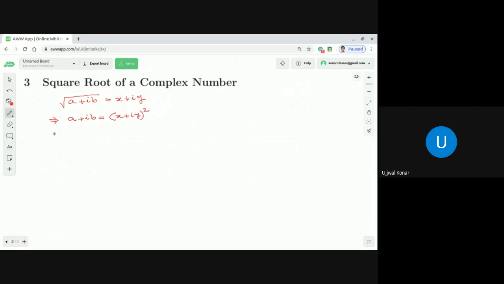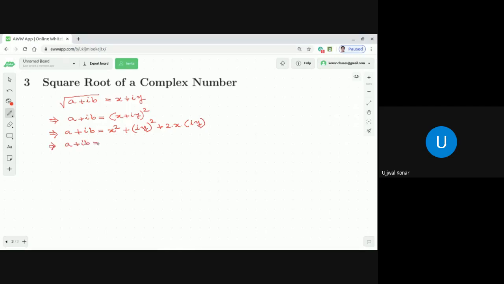That means a plus ib is equal to x square plus i into y whole square plus 2 into x into iy.